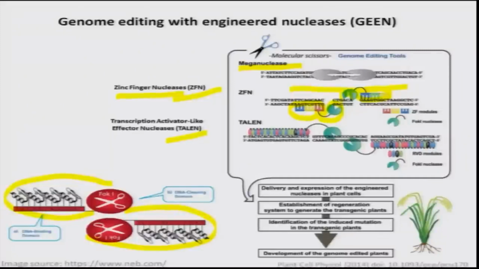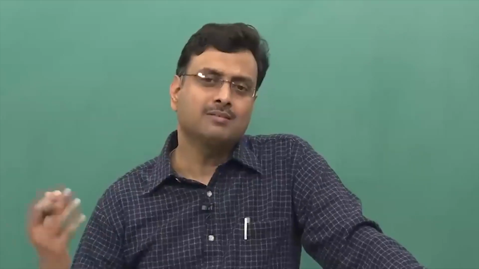For example, a virus can get into your cell and use the same machinery of transcription and translation to make its own protein. The same way, these are proteins made by the pathogen, which hijacks the system. So, they have used the genes that code for these transcription activators to engineer genomes, mainly the plant genome. For example, what is shown here is a plant genome.